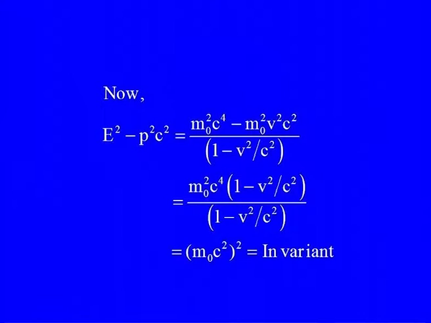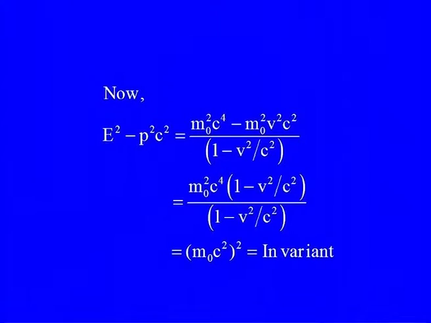Why don't we square them up: if we square the energy and then multiply c² to the momentum squared, do a bit of algebra, and subtract p²c² from the square of the energy, it turns out that we get something which is Lorentz invariant.